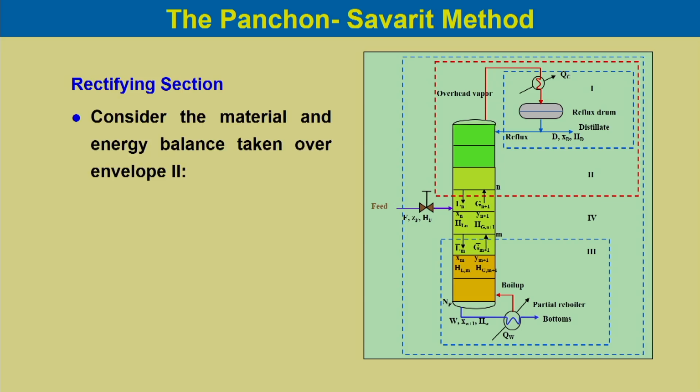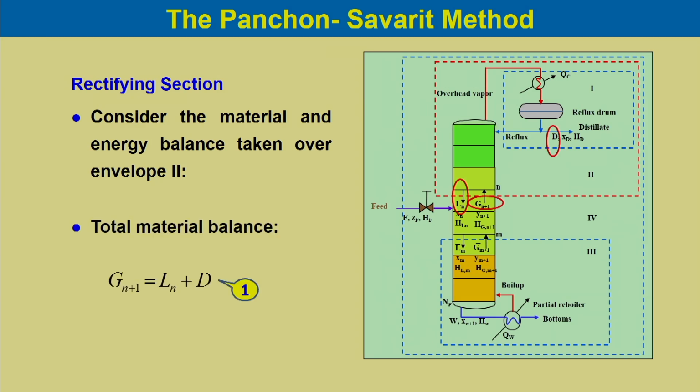Now, let us consider the material and energy balance taken over envelope 2, that is, the rectifying section. The total material balance in this section we can write. The gas entering tray n is G n plus 1, and the outgoing streams in this section are the distillate D and the liquid which is coming out from tray n, which is Ln.